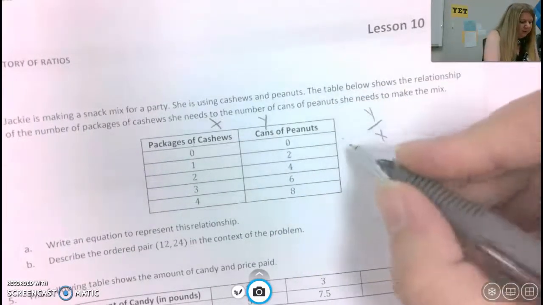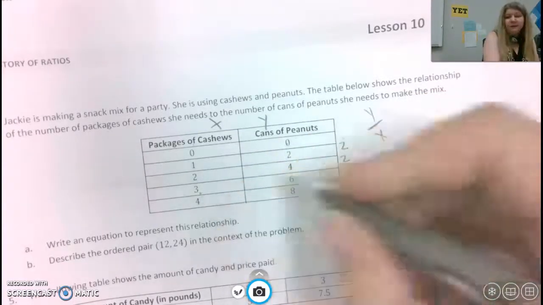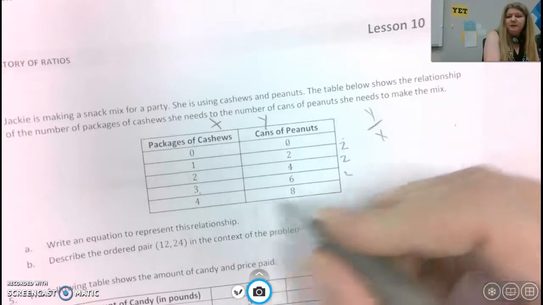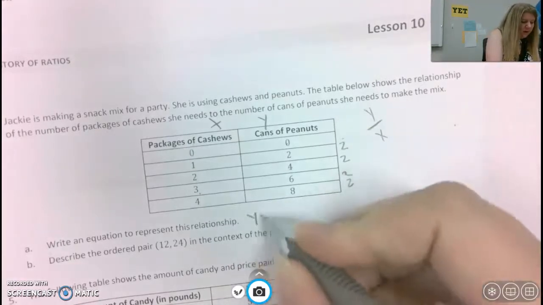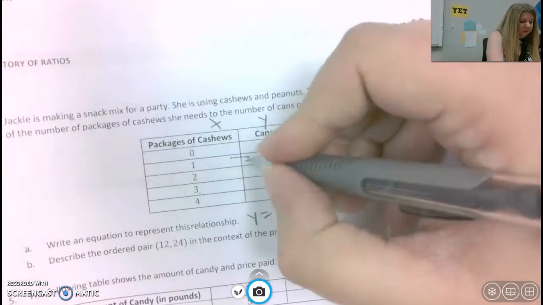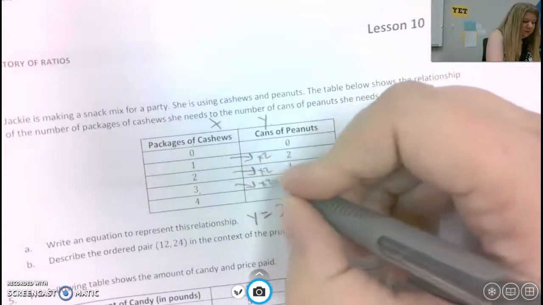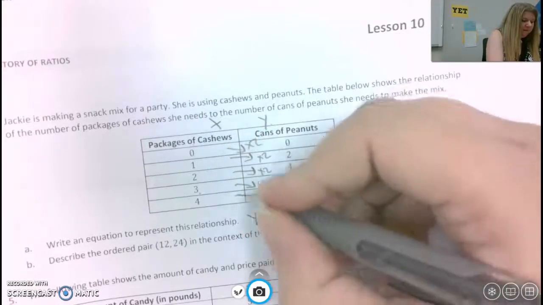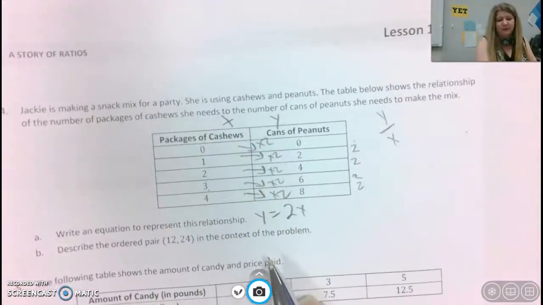Okay, 2 divided by 1 is 2. 4 divided by 2 is 2. 6 divided by 3, 2. And 8 divided by 4, 2. So our equation would be y. To get to y, you do 2 times x. And if you look here, times 2 each time. Even here.